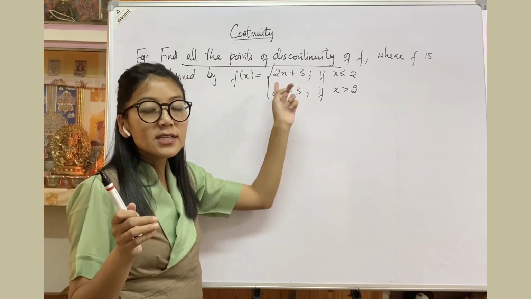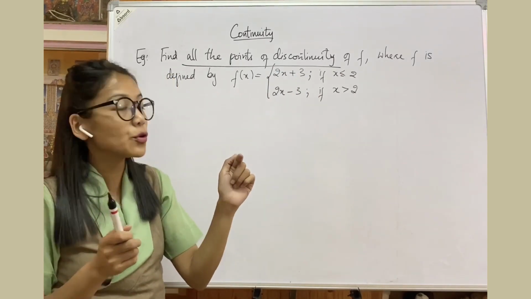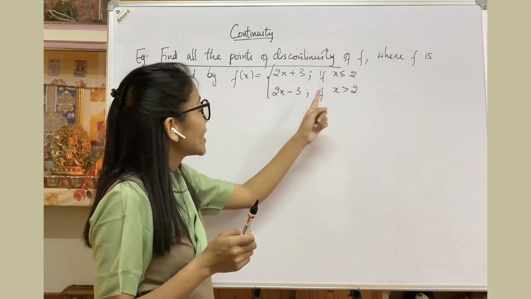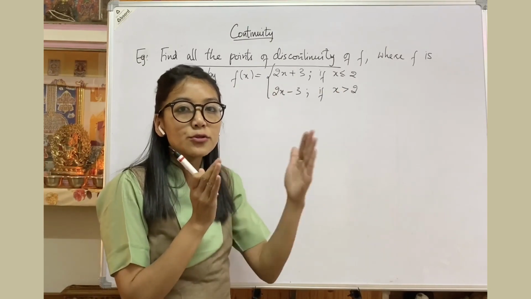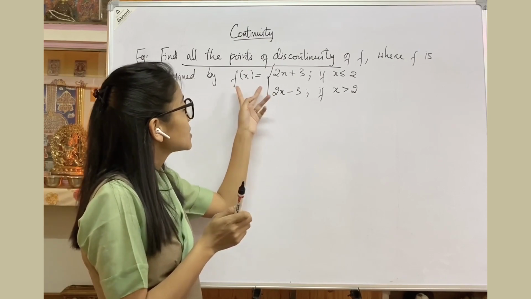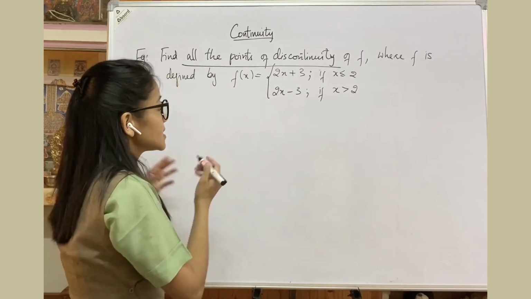That's a linear equation, so it represents a line, and a line is continuous everywhere. Similarly, when x is greater than 2, for all real numbers greater than 2, the function graph is 2x minus 3.